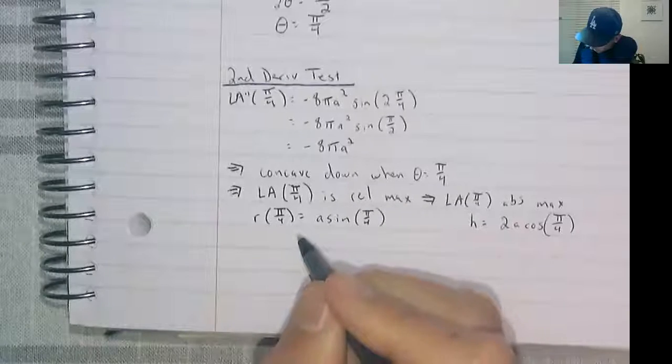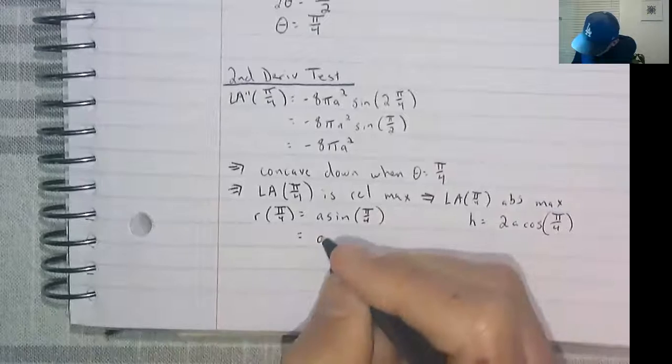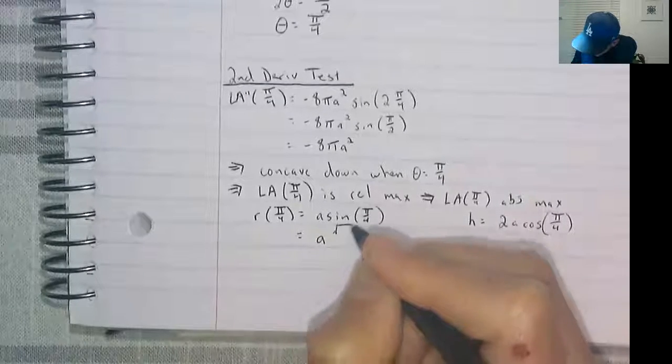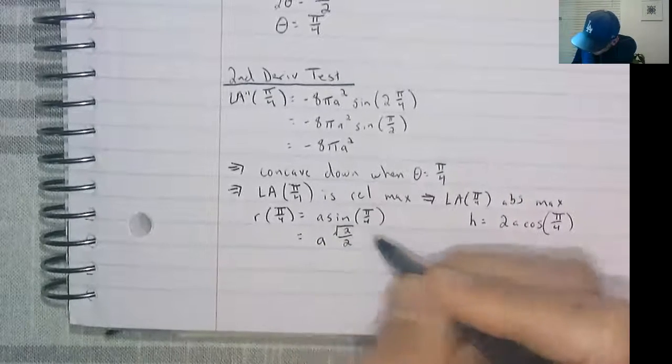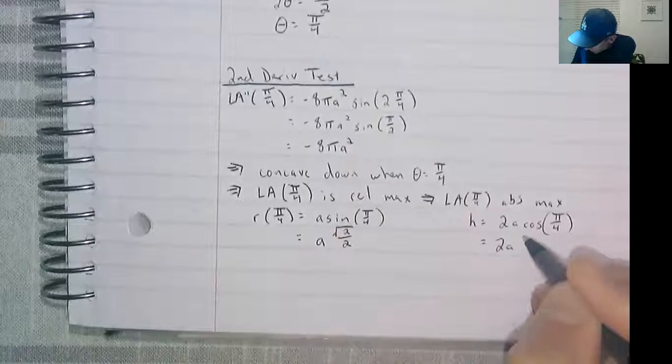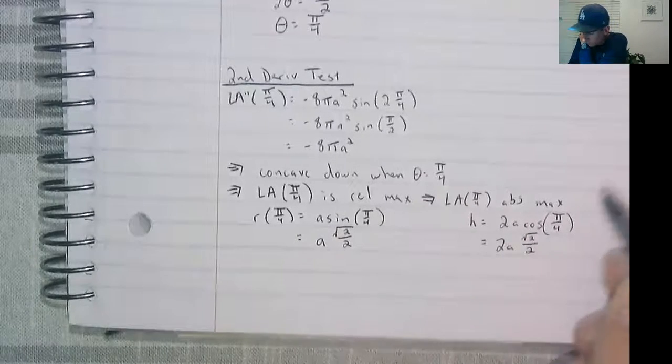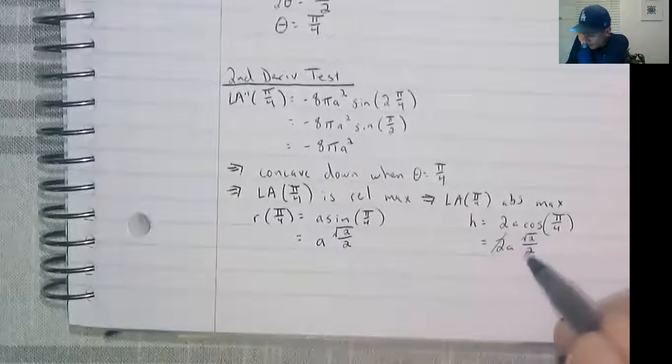So let's work this out. The radius is a times square root 2 over 2. And then our height is going to be equal to 2a times the square root of 2 over 2. So they're going to cancel.